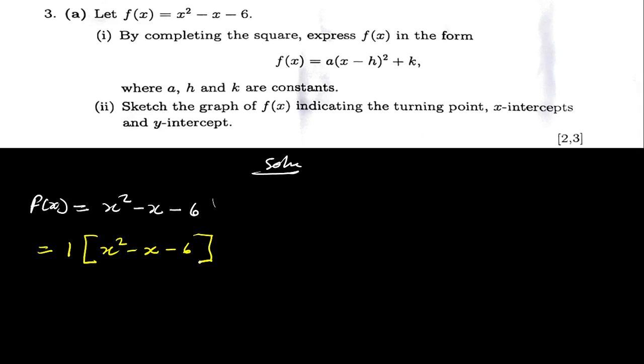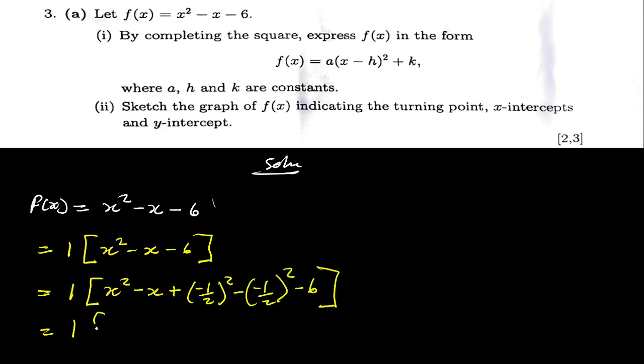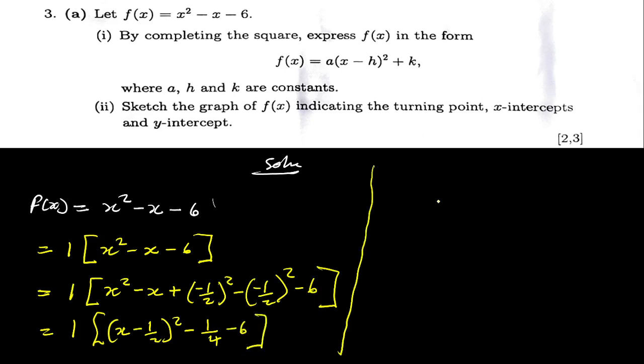So from here you're going to say 1, and then you correct that one and that one. So this will be x minus half, squared, then minus 1/4 minus 6. After you work that out, your next step is to add those terms.